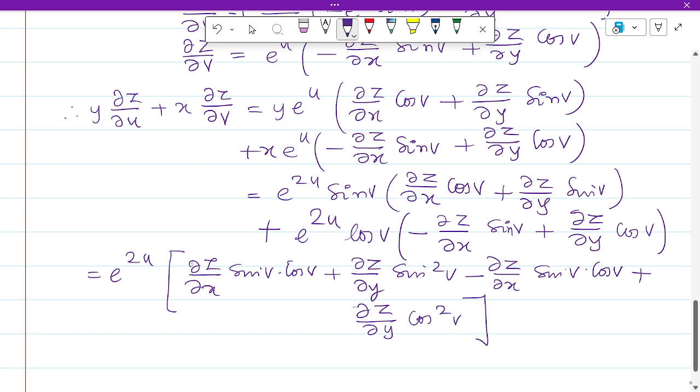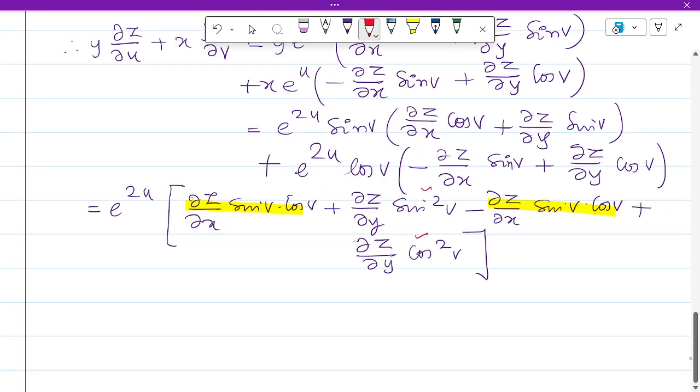So what happened here? The term ∂z/∂x sin v cos v and the other ∂z/∂x sin v cos v get cancelled. Remaining things are there. So these two things will be added, sin² v plus cos² v equals 1.